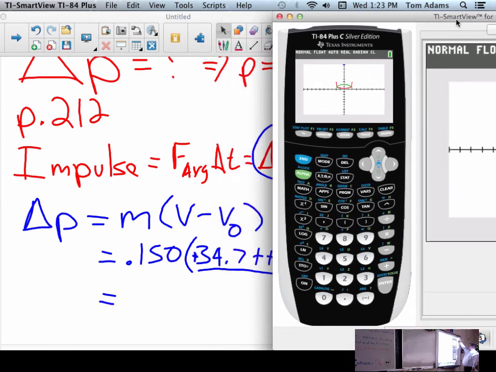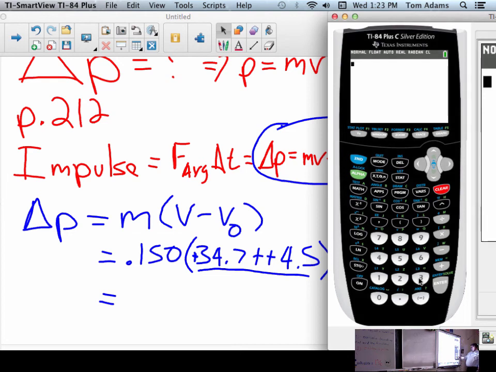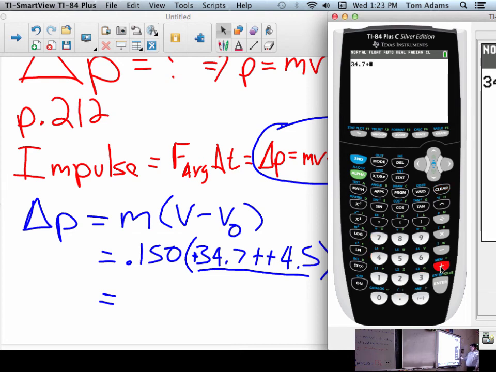So if I say 34.7 plus 4.5, I get 39.2. Times 0.15, I get 5.88. Now, if I would have left it the other way around, I'd have negative 5.88. Okay. So I get 5.88.